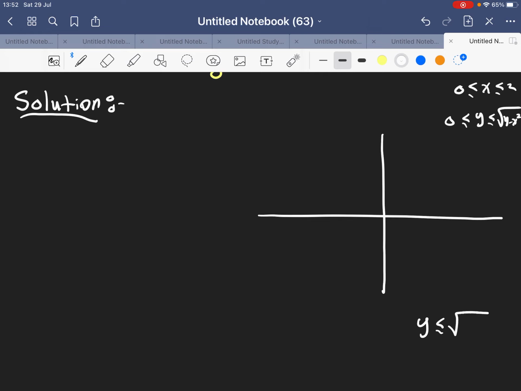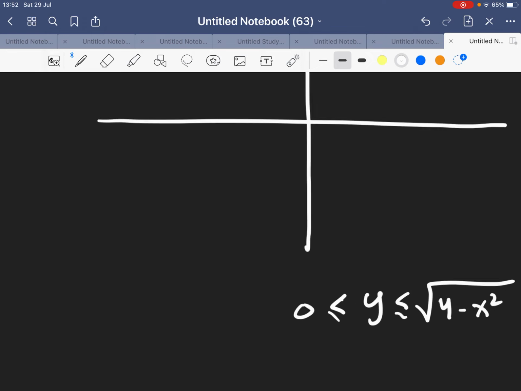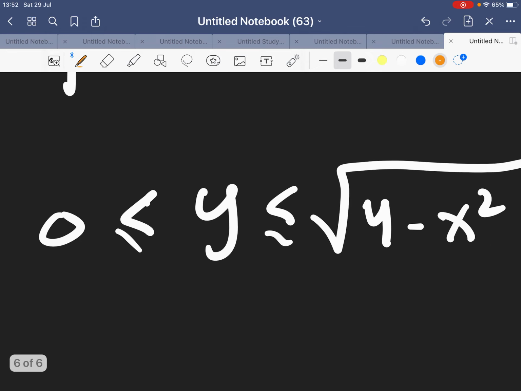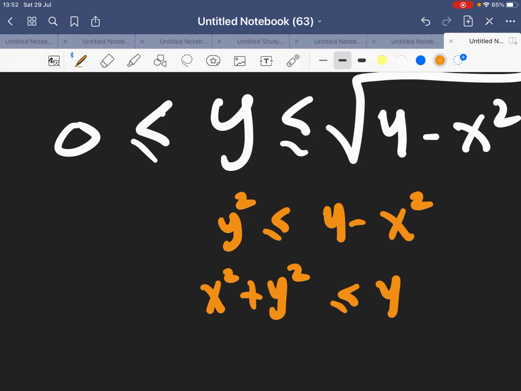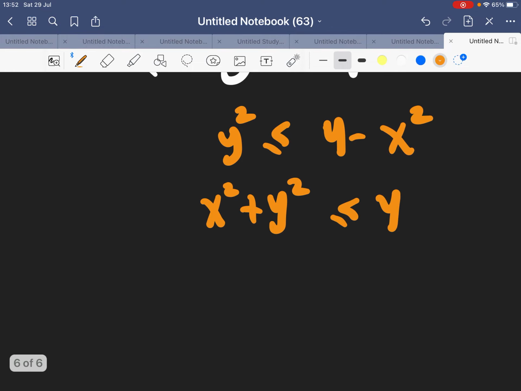Now, let's focus on this one. Y is less than square root of 4 minus x squared. Of course, it is positive, so keep in mind that my y is positive. If we square everything, we will get 4 minus x squared. Take the x squared to the other side. This will give me x squared plus y squared less than or equal to 4.